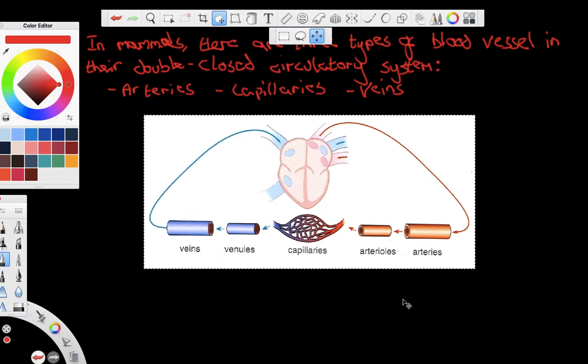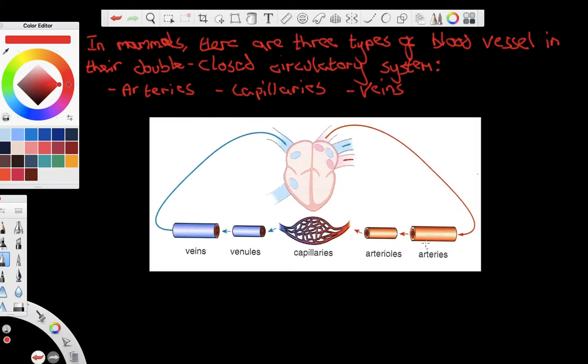So the diagram that I want us to use is this one here, and this is on the PowerPoint. It is something you can refer back to, and it shows the sequence that blood flows through. So when blood leaves the heart, the blood first enters the arteries.